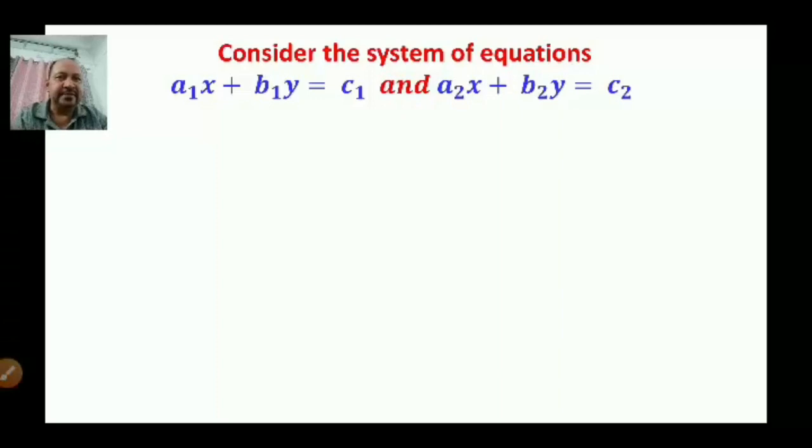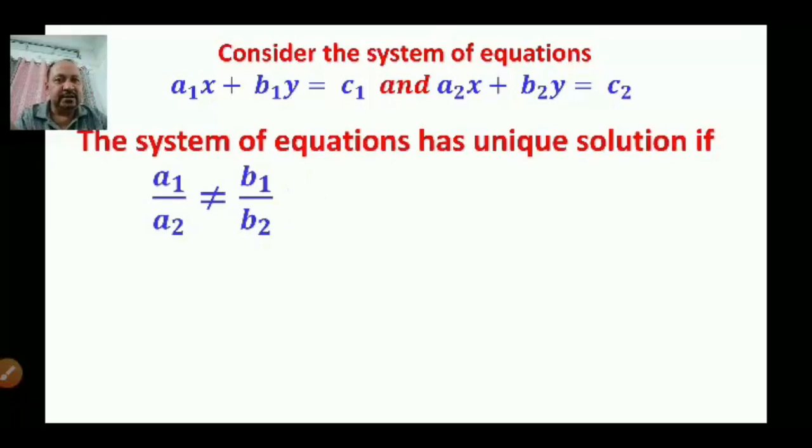Consider the system of equations a1x plus b1y equal to c1 and a2x plus b2y equal to c2. The system of equations has a unique solution if a1 upon a2 is not equal to b1 upon b2.